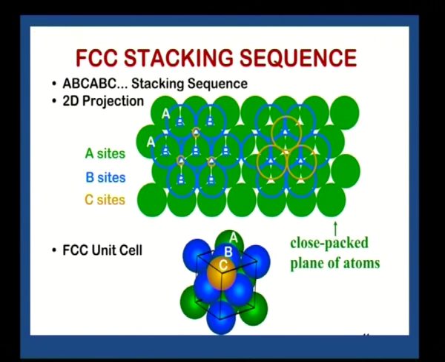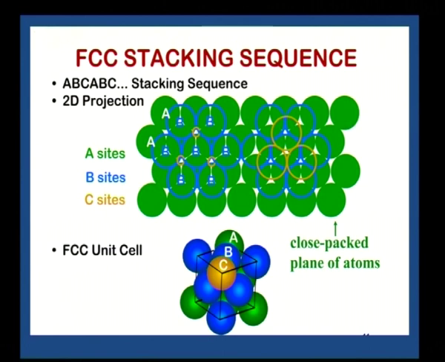Where do you put the B? At the junction where the 3 balls meet. B here, and 1, 2, 3 here, B here. So these are B. How do you get the B sites? By placing the second layer, the second layer forms the B sites.